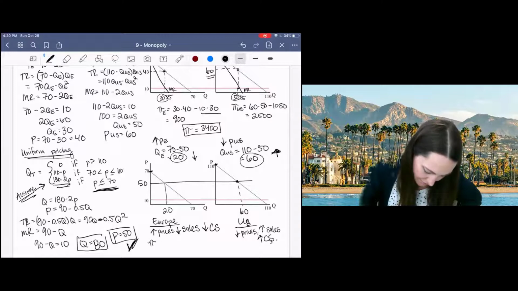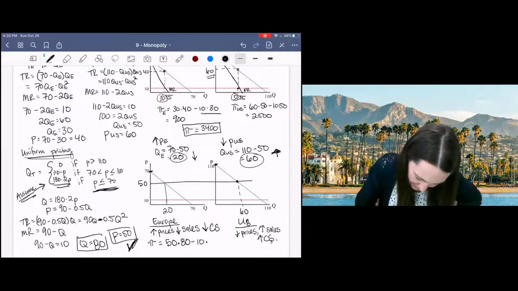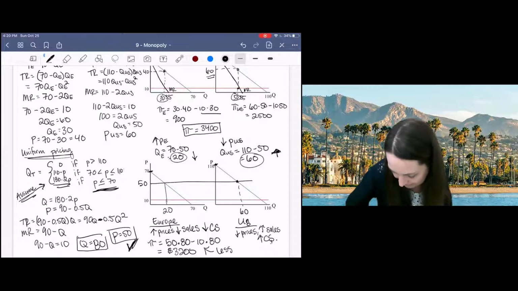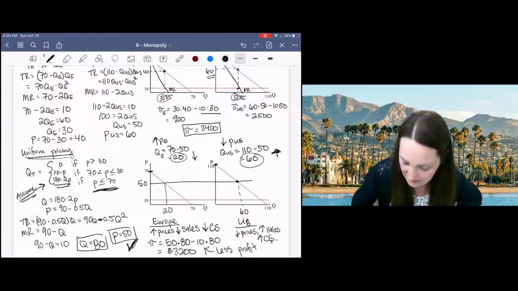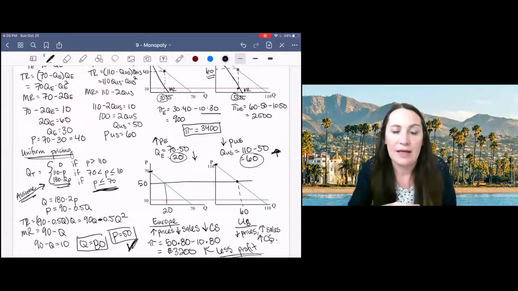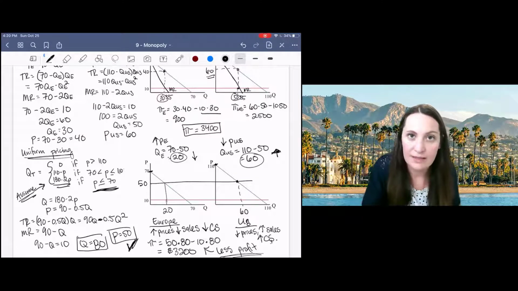And if we look at profit here, I've got 50 times 80 minus 10 times 80. I can see that the firm will be earning less profit in this case, of course, because they're unable to price discriminate. Okay, and this benefits consumers in the high willingness to pay group and it harms consumers in the low willingness to pay group.